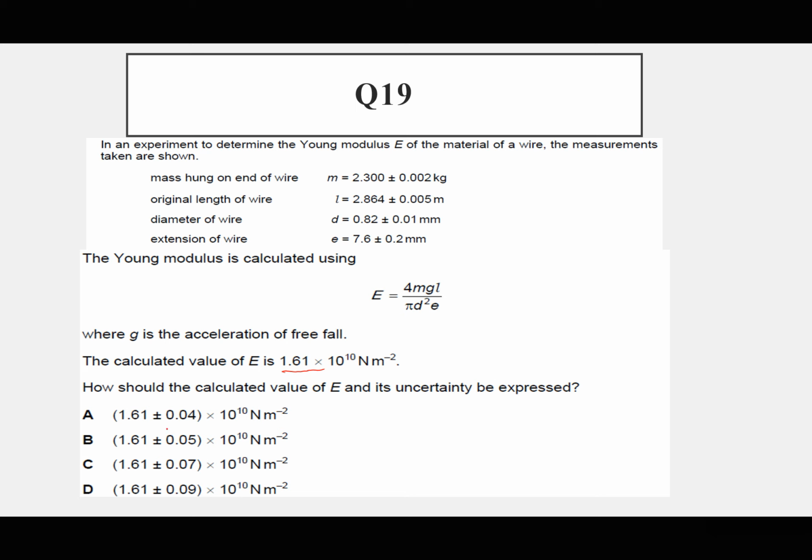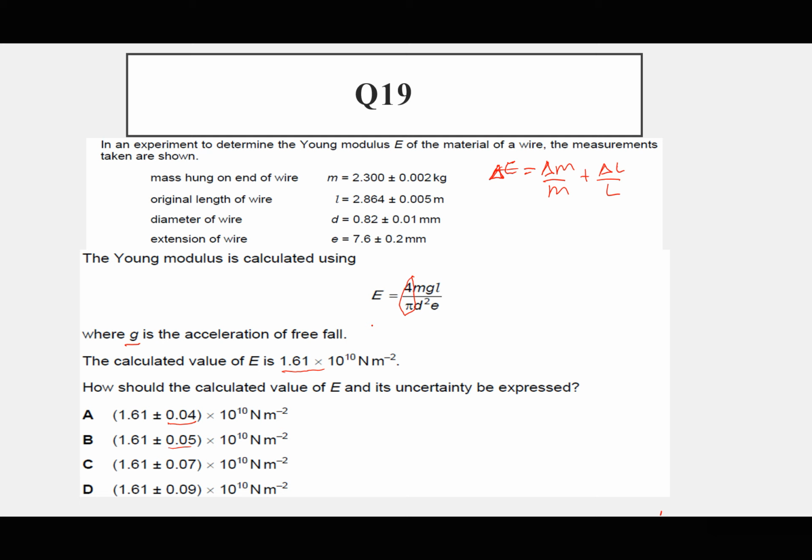Since the answers are expressed as absolute uncertainties, we shall need to find the absolute uncertainty in E. The absolute uncertainty in E will be equal to, because the constants 4 and pi do not affect the uncertainties, the absolute uncertainty in M divided by M, plus the absolute uncertainty in L divided by L. G is given as a constant with no uncertainty, so we shall not include it.